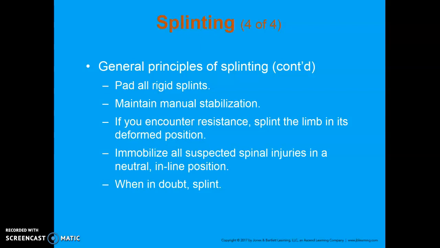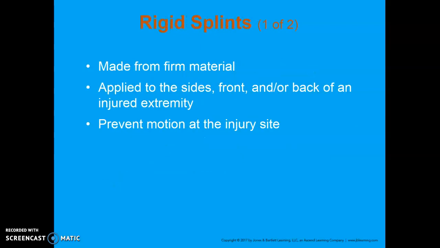If you get resistance when you're trying to move it, just splint it in its deformed position. Immobilize all of your spinal injuries in a neutral inline position on a backboard. And when in doubt, just go ahead and splint it. Even if you're not 100% sure that something is broken, err on the side of caution.